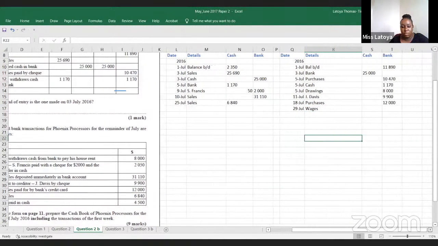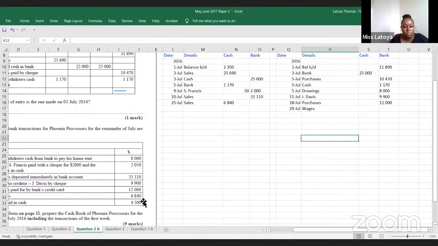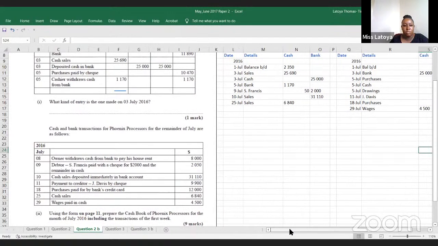The amount is 4,500. Cash, 4,500. Okay, good. Let's see if we have any other information. No, that's it. Using this information, prepare your cash book.